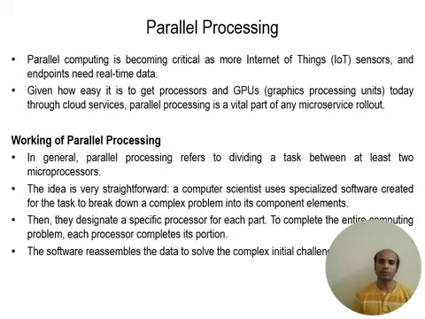So parallel computing is becoming critical as more Internet of Things sensors and endpoints need real-time data. Given how easy it is to get processors and GPUs, that is graphical processing units, today through cloud services, parallel processing is a vital part of any microservice program.